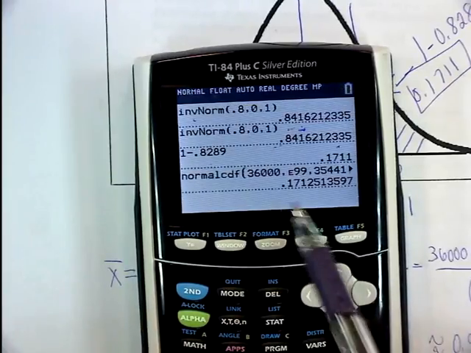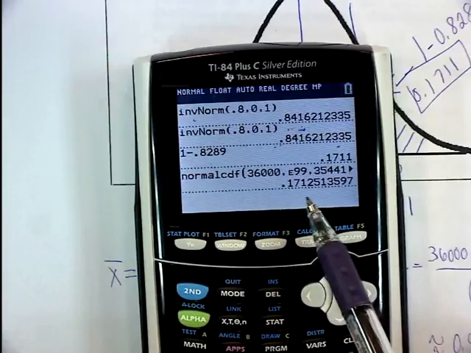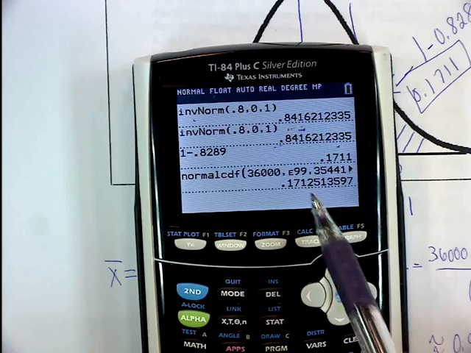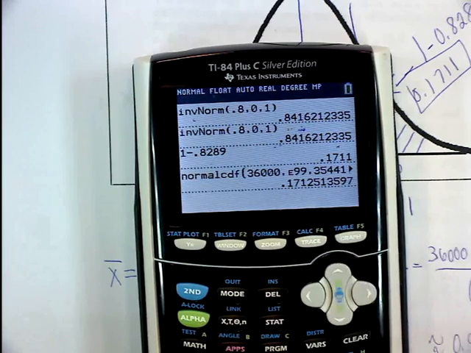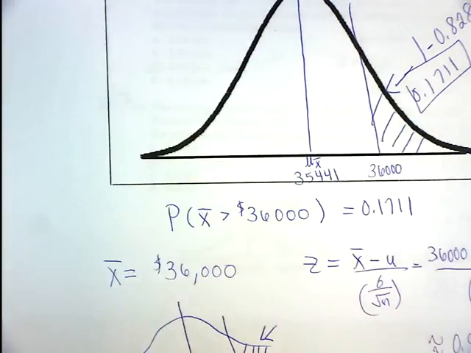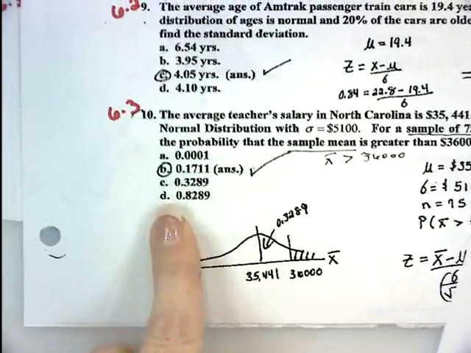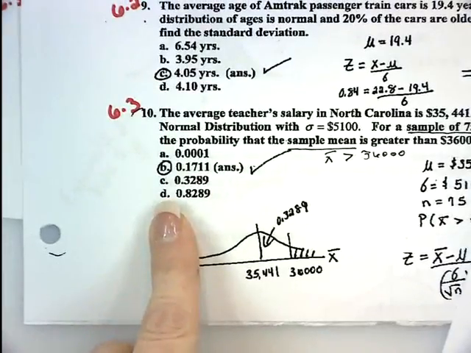And you have 0.1713, which is a little bit different from the table, but not much. This will not be as an answer choice A, B, C, D. As you can see, it's not an answer choice here, 0.1713, only 0.1711.